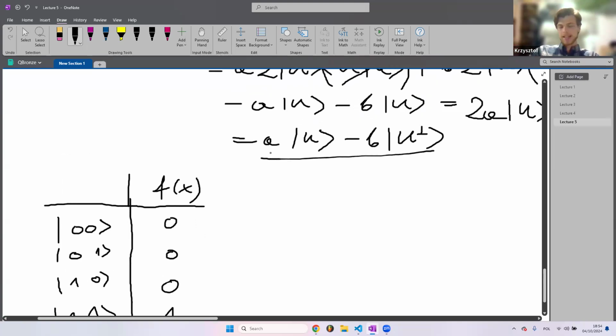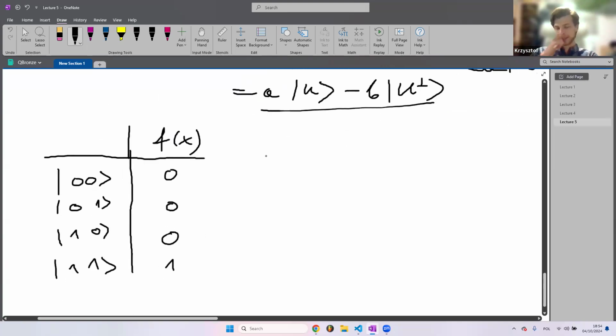Let's review the classical example. In the classical example, you will have to evaluate the function 4 times to find a value. Once again, let me rephrase it.